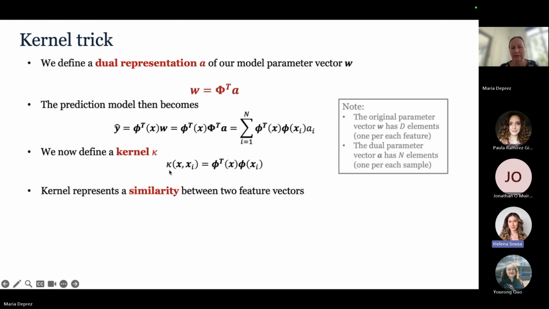This kernel will always be calculating similarity between 2 points. In this case x is the new sample, so I want to predict at x, so I need to calculate similarity to all the training samples. Okay, and basically this dual representation then tells me how I should weigh the similarities to get the output.